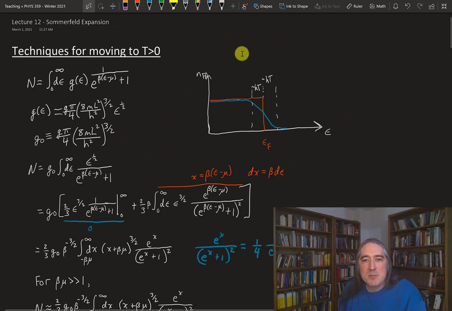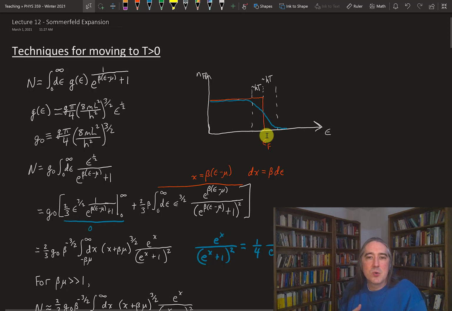And so I brought this picture over from last lecture as well. This is our picture of the Fermi-Dirac distribution at T equals 0 as compared to the Fermi-Dirac distribution at some non-zero T. And we said for small T, for T much less than the Fermi temperature, which is to say kT much smaller than the Fermi energy, the change to the Fermi-Dirac distribution is basically localized right around the Fermi energy.